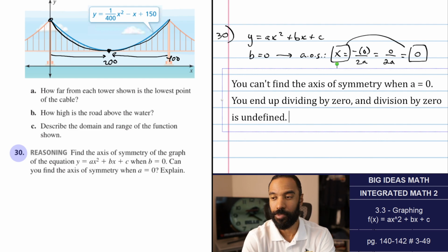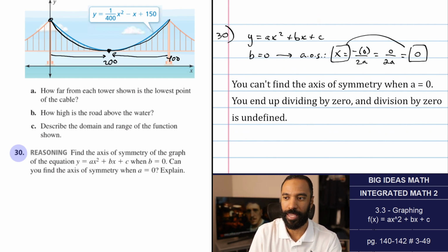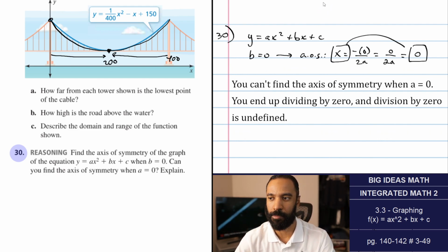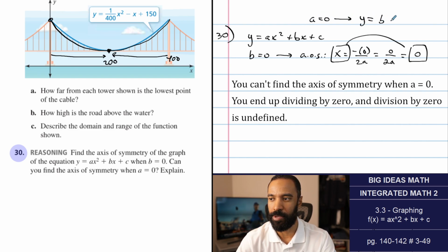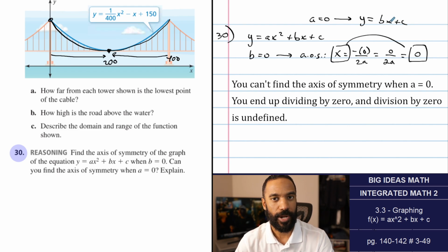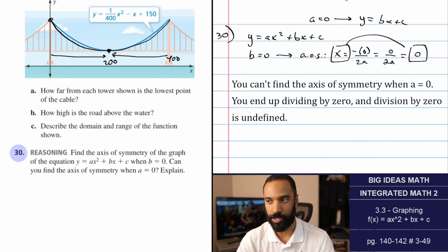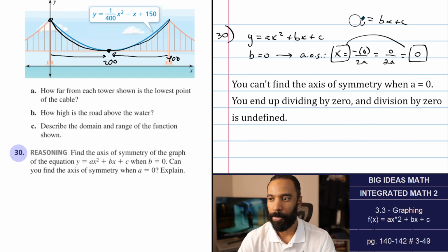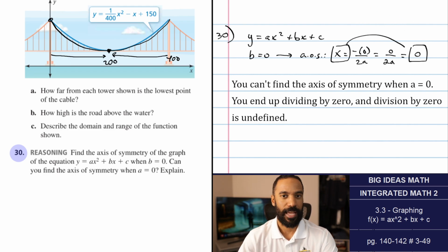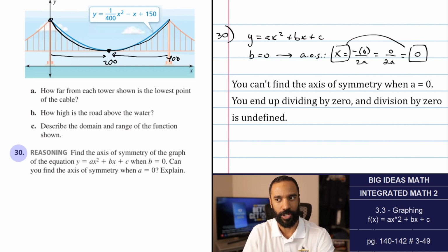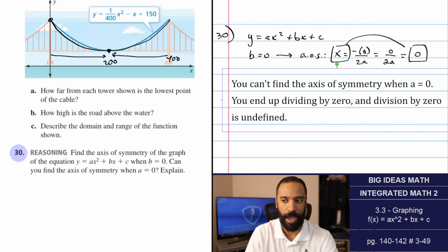If a equals 0, guys, what kind of equation are we looking at? I don't care if b is 0 or not, so let's say that b isn't 0. If a equals 0, you're looking at an equation that says y equals bx plus c. Well, that's not a quadratic equation. That's a linear equation. So that's really the bigger problem. It's no longer quadratic. This doesn't have an axis of symmetry. Linear equations aren't symmetric. It's no longer a parabola.